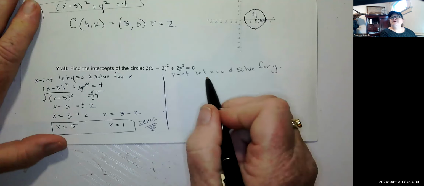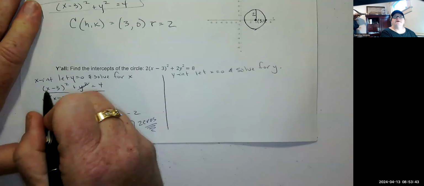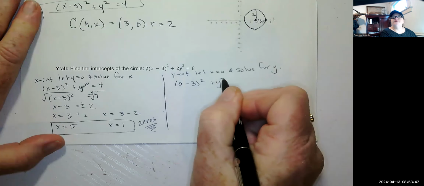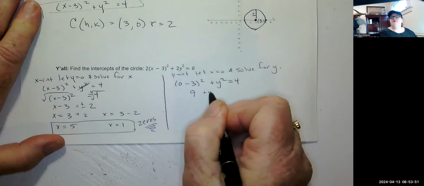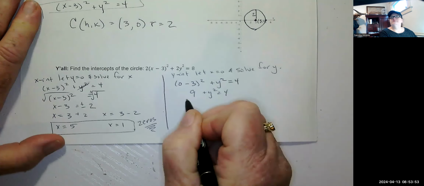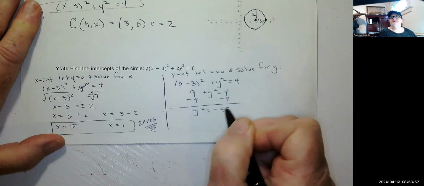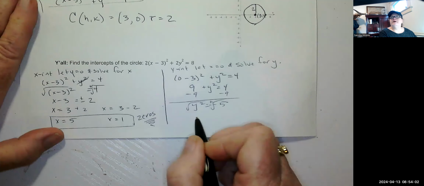All right, y-intercept, let x equal 0 and solve for y. So now I've got 0 minus 3 squared plus y squared is equal to 4. Negative 3 squared is 9, plus y squared is equal to 4. Subtracting 9 from both sides, I get y squared is equal to negative 5. Taking the square root of both sides, y equals plus or minus the square root of negative 5.